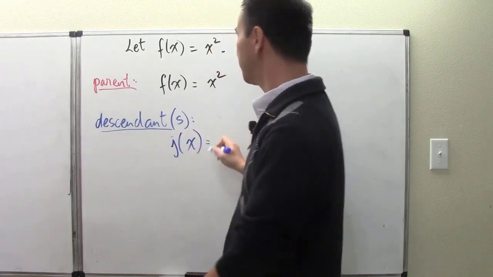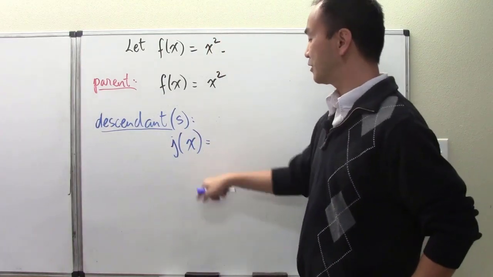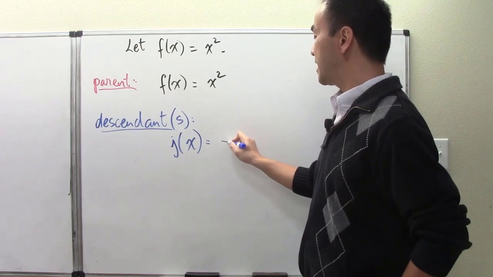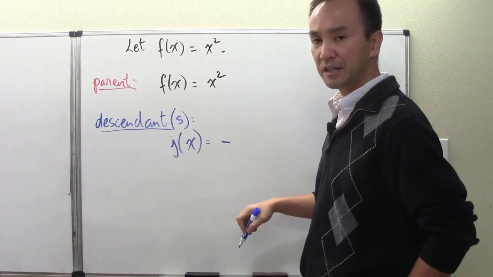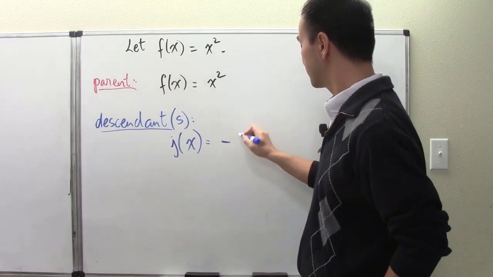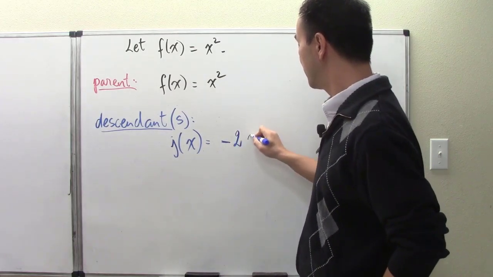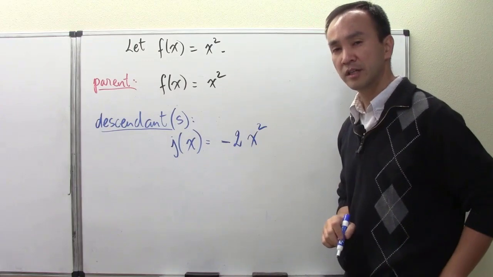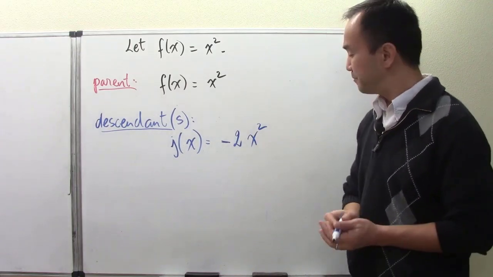It's a different function's name. And now let's call that, how about minus 2x squared. Minus 2x squared.